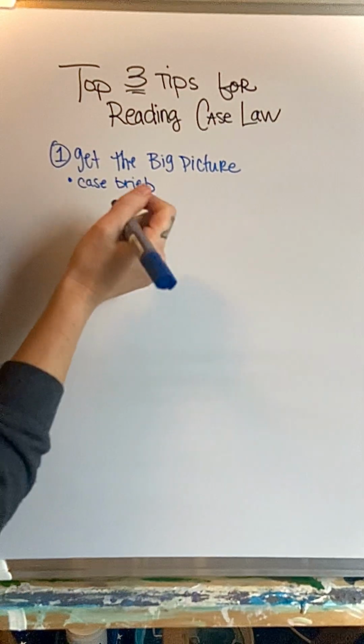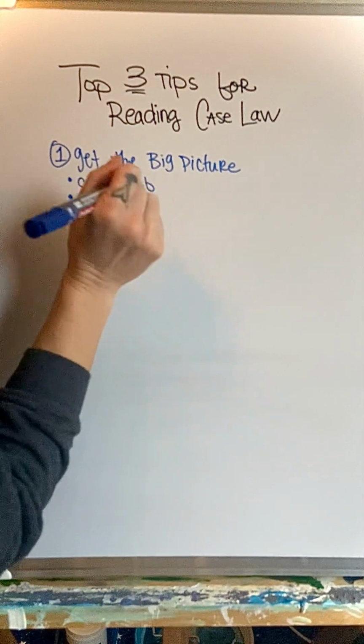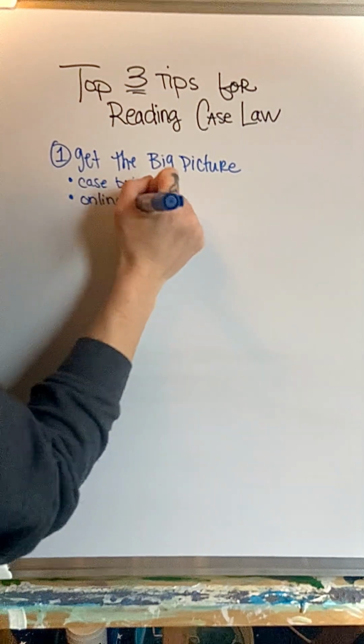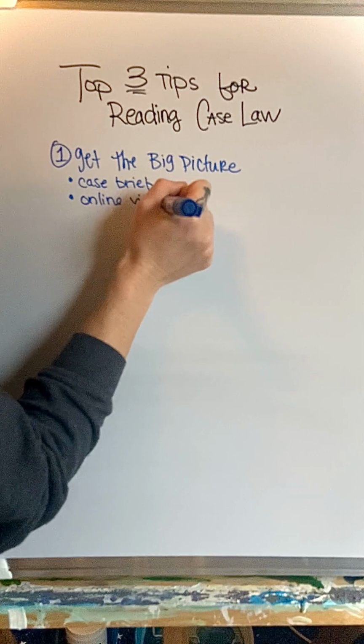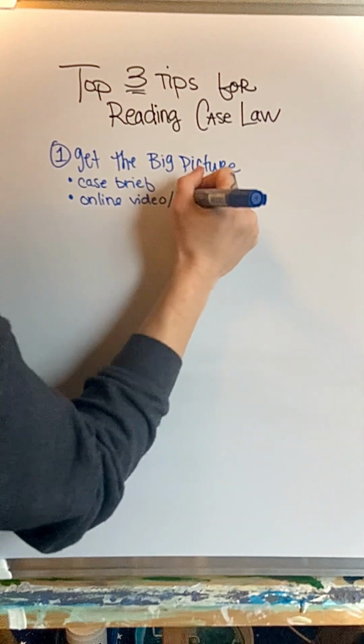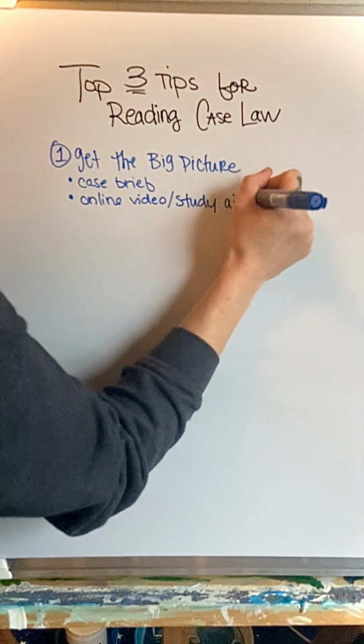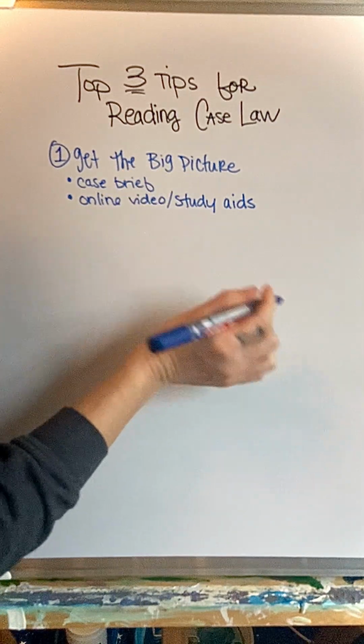Those are usually helpful. Sometimes they won't always relate to specifically what you're studying in class. Online videos, same thing. Any study aids that you are using and paying for, take full advantage.